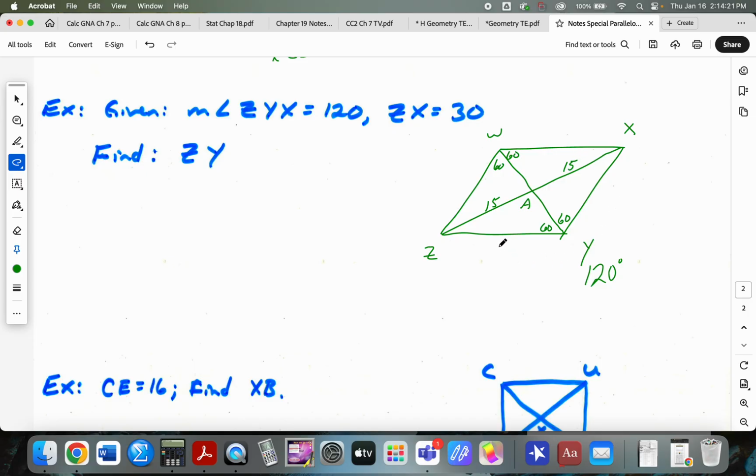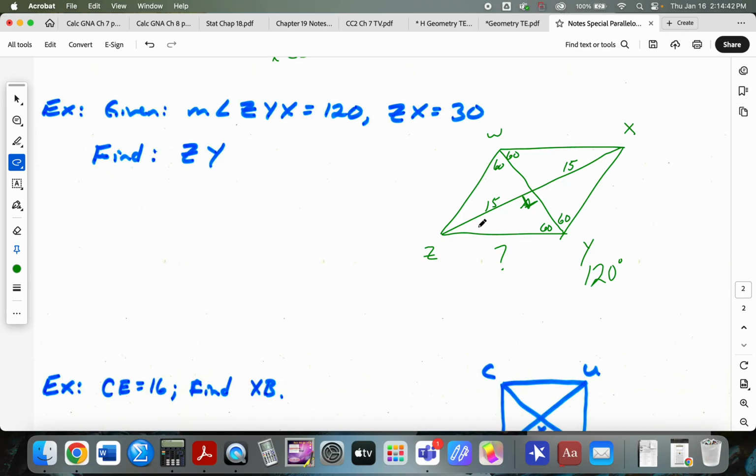And we want to know how long ZY is. The only reason they're going to give you an angle is because it's going to help you figure out that it's a 30, 60, 90 triangle. The right angle is here, and that's a 30, 60, 90 triangle.